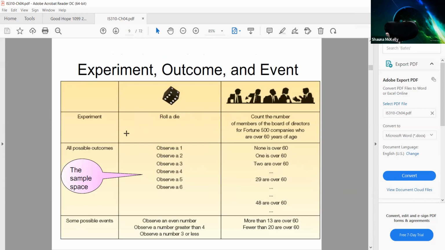The outcome is what you see from there. So you roll 1 die, you see 4, the outcome is 4, right? The event is rolling a 4. You see that? Or getting 2 heads or something like that. So this is helping you to distinguish this here. The event is a specific outcome.